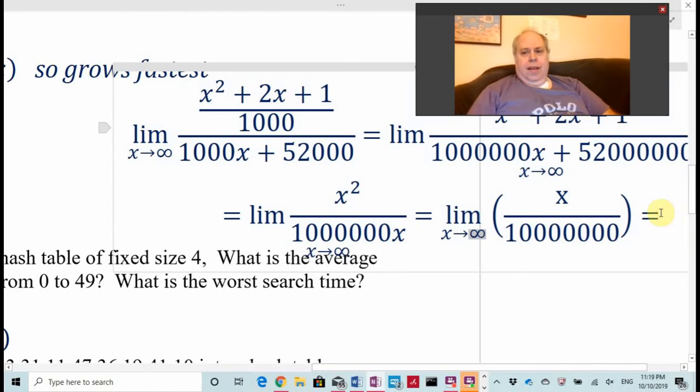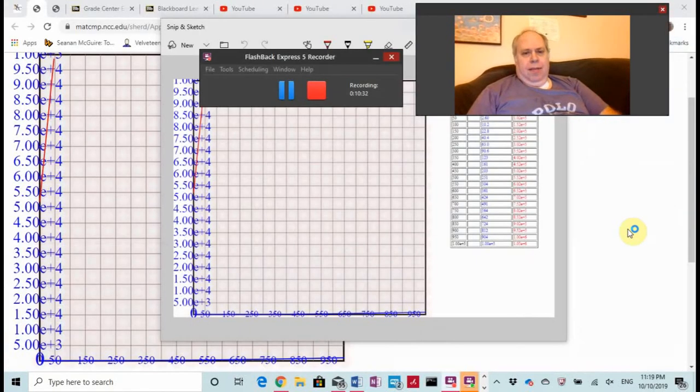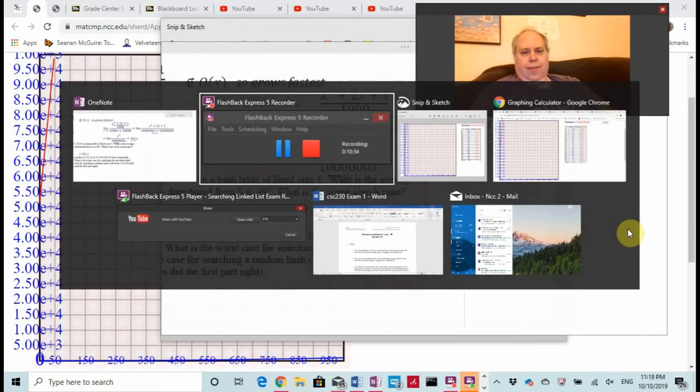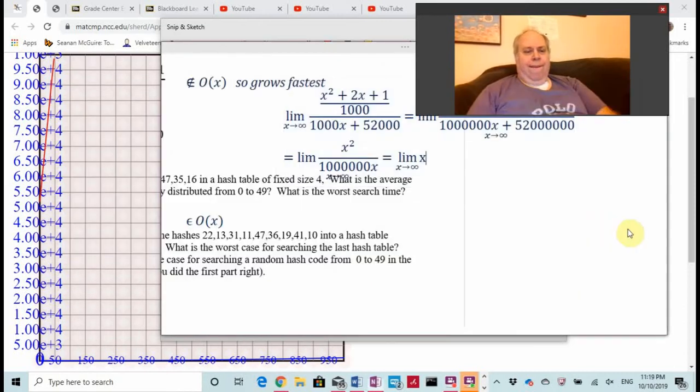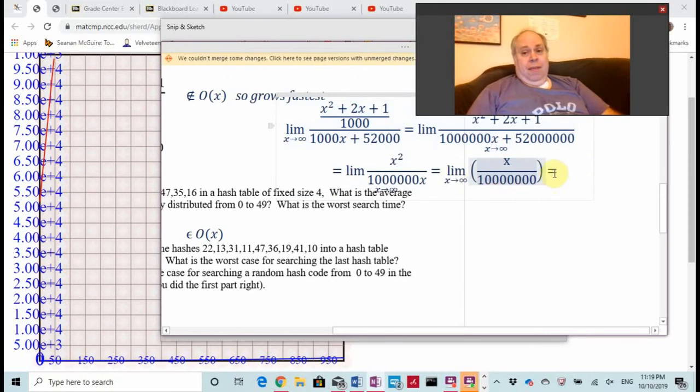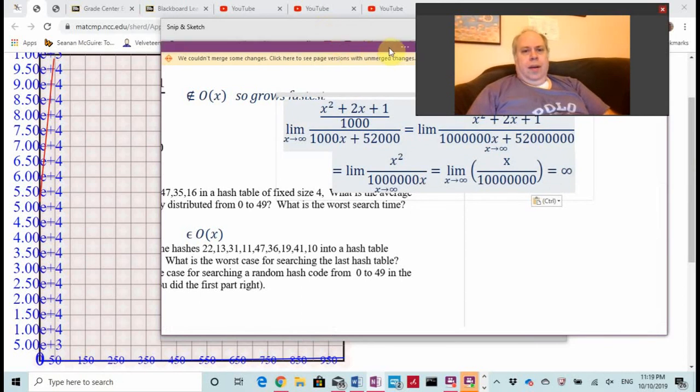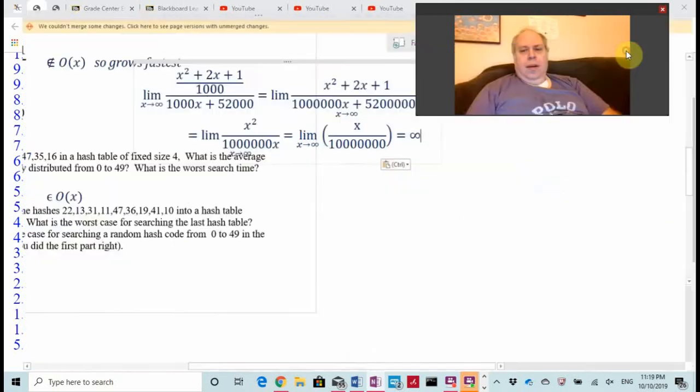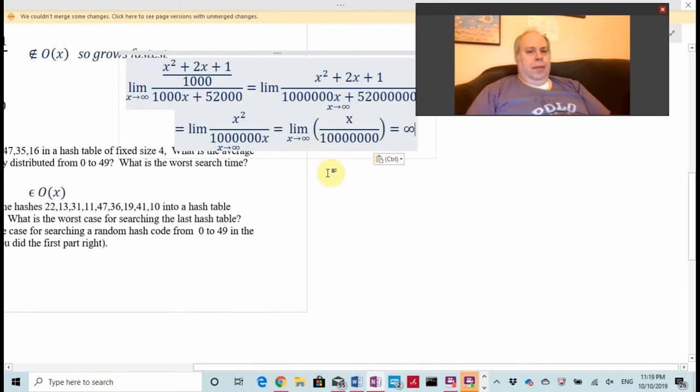So aside from the fact that this math mode doesn't want to behave right now, it equals infinity. What it comes down to is this fraction, as x goes to infinity, turns into infinity.